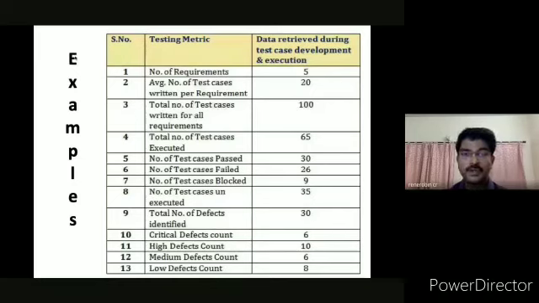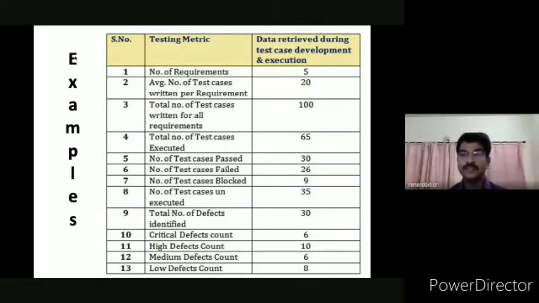Now the total number of test cases executed: among 100 test cases, I have executed only 65. Among the 65 test cases executed, how many passed? Only 30 test cases passed, 26 test cases failed, and 9 test cases were blocked.